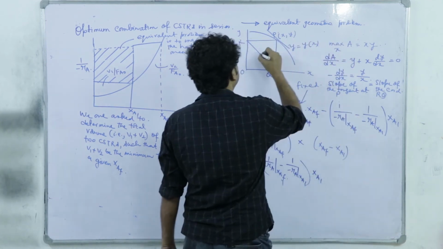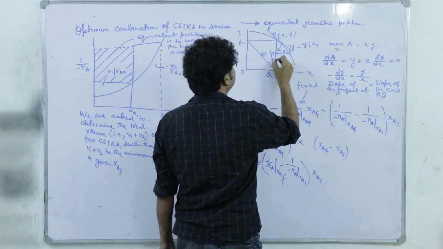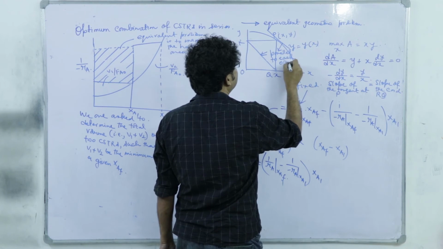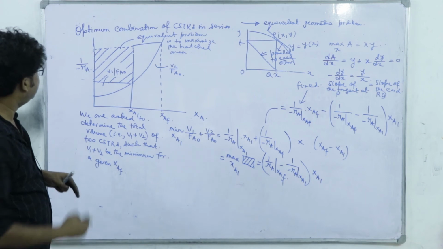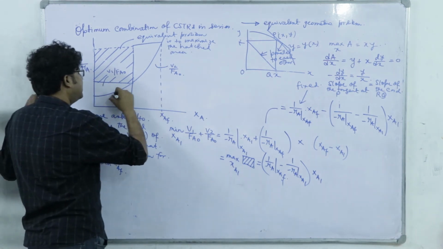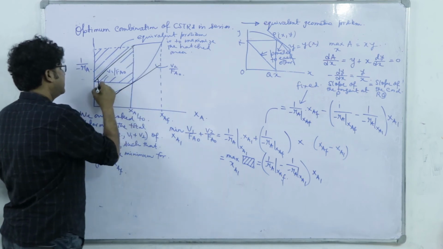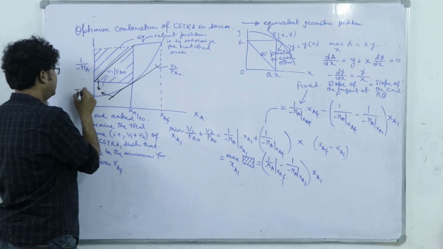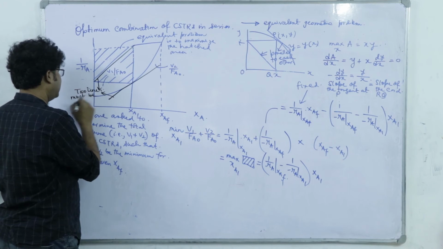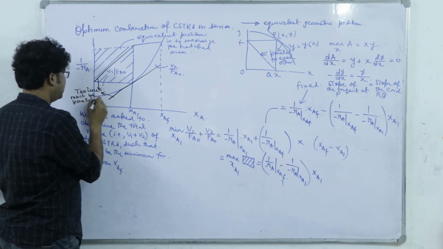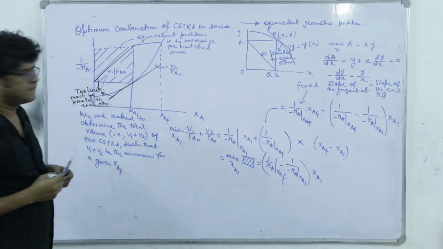So, these two must be parallel to each other. Right. So, here the implication is the Xa will be such that if I draw a tangent here and if I join the chord, these two lines must be parallel to each other. Okay.